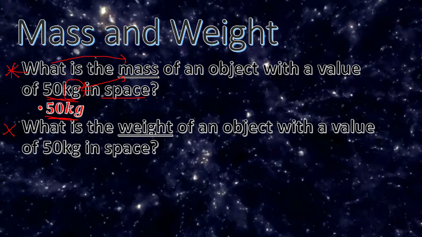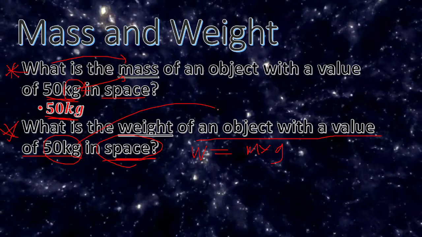Okay, the second question is, what is the weight of an object with a value of 50 kilograms in space? Take note, this is a mass. In space, there is no gravity. So you cannot apply weight equals mass times gravity the usual way.